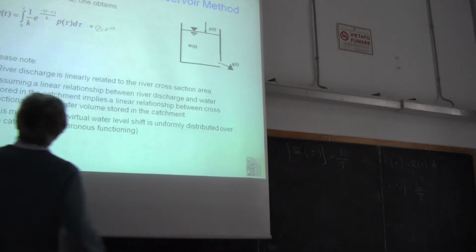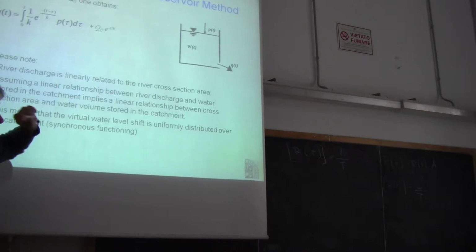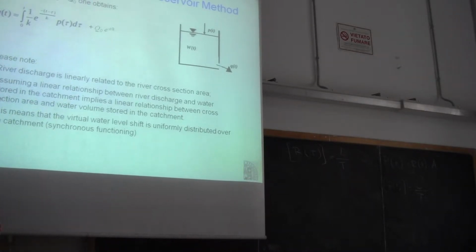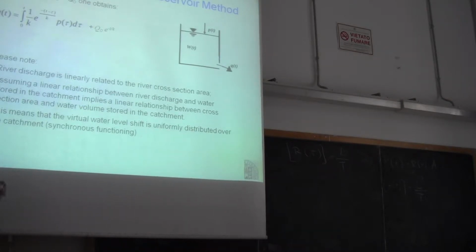So basically, when you compute this integral, the important thing that you have to notice here is that P tau is volume of rainfall per unit time over the catchment at time t, in this case at time tau. Okay? And this is something that is also understandable if you make a dimensional analysis of this relationship, because you may remember that K has a dimension of a time.